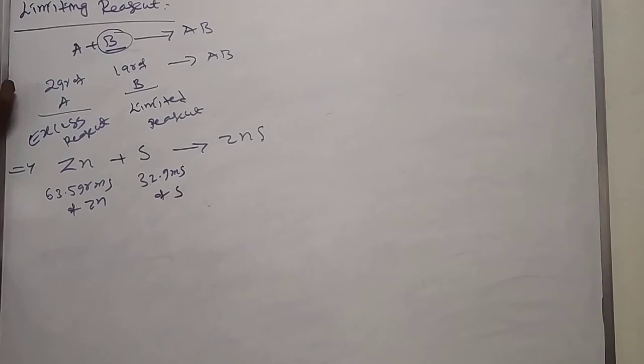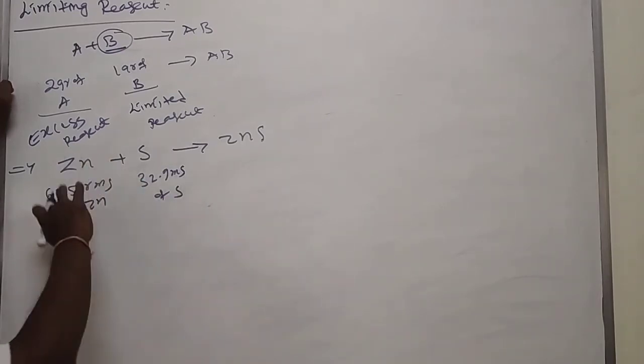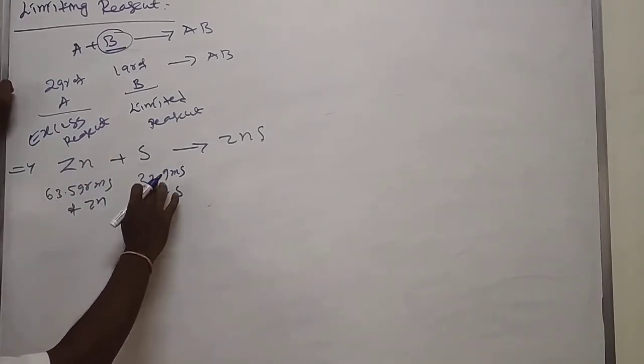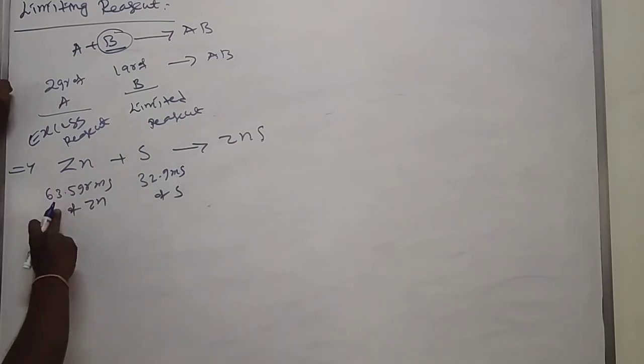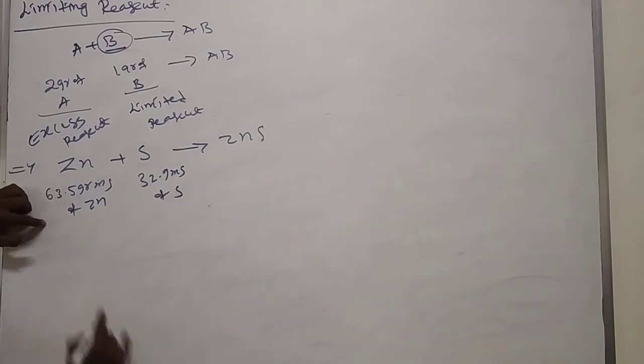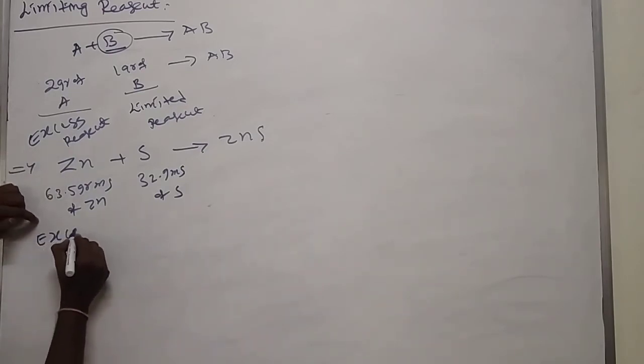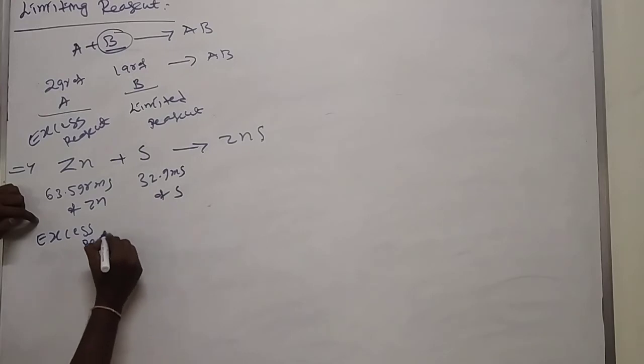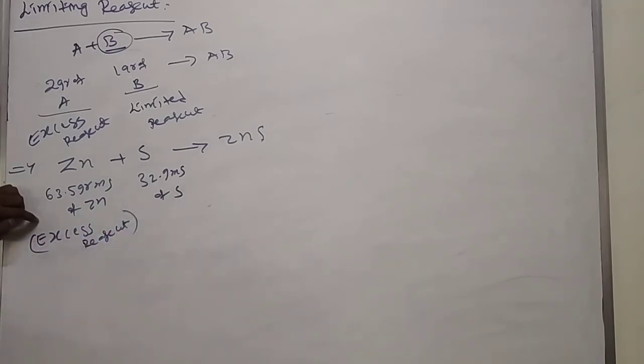Which is involved completely? Here sulfur is completely involved. That means 32 grams of sulfur reacts with 32 grams of zinc and forms zinc sulfide. Zinc has excess, so zinc we call the excess reagent.